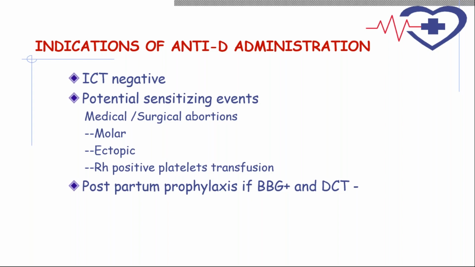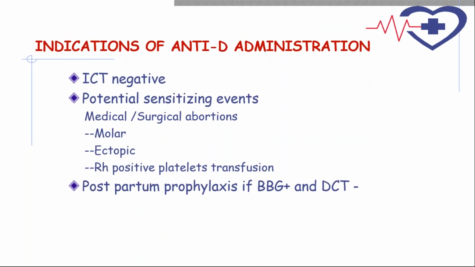This memory is not created in this pregnancy, and in the next pregnancy, if she again has an Rh positive fetus, even if there is a feto-maternal hemorrhage, there is no synthesis of IgM antibodies, or IgG antibodies which can cross the placenta.